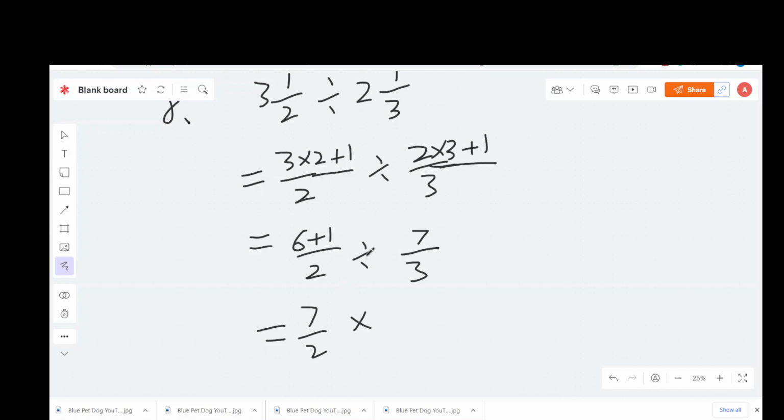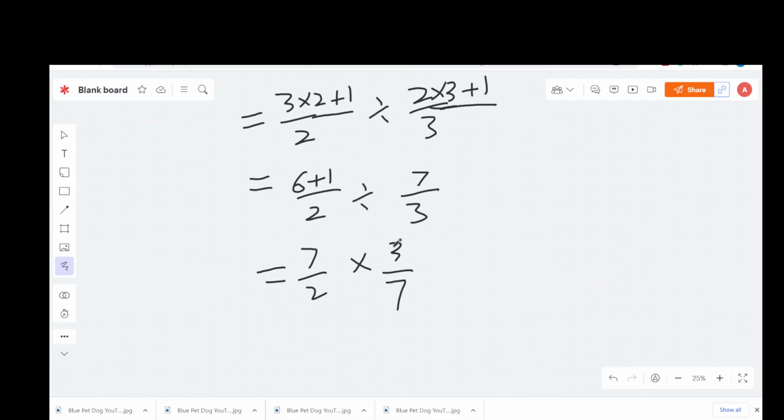We change the form, division to multiplication. Don't forget upside down. Don't calculate. Just try to find some common factor from numerator and denominator. If they are the same, you can cancel them, so they can reduce the calculation time.